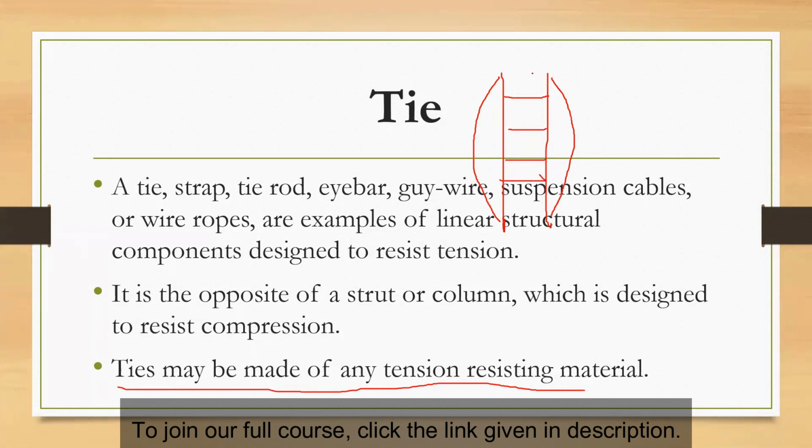That means if this main reinforcement tries to buckle, then there will be a tension force over here, and these ties will hold this. That's why you can say ties may be made of any tension material, because it is resisting the tension force over here.